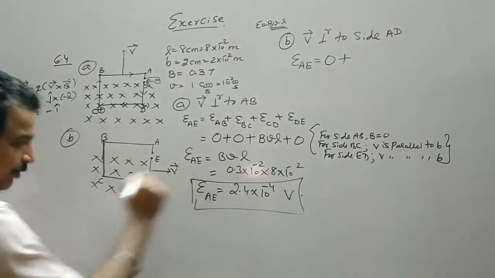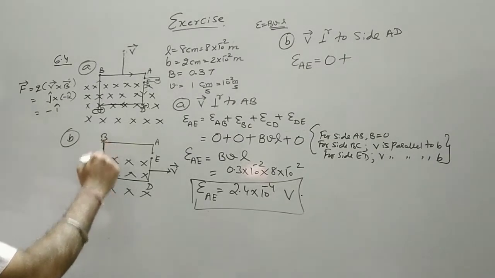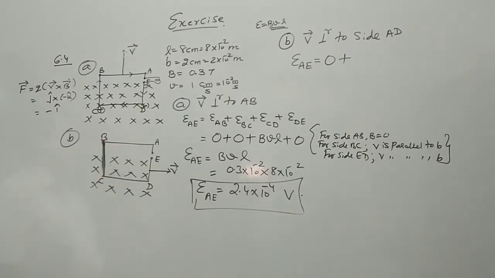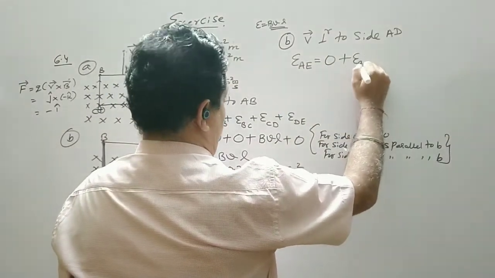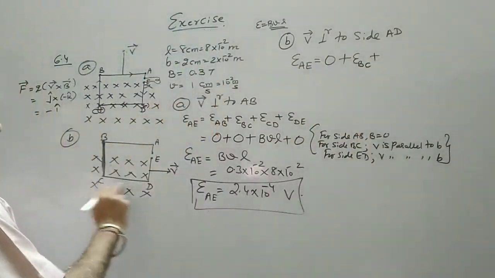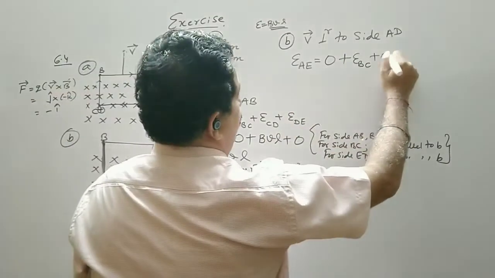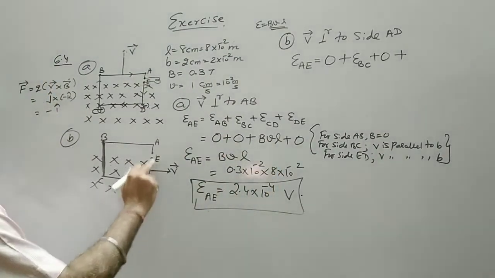The velocity is along the x-axis. The magnetic field is inward. And the length of this BC, that is its breadth. But for BC it is the length. It is perpendicular to V. So all three are perpendicular. So we have an EMF due to BC, plus CD parallel to V, so 0, plus DE.